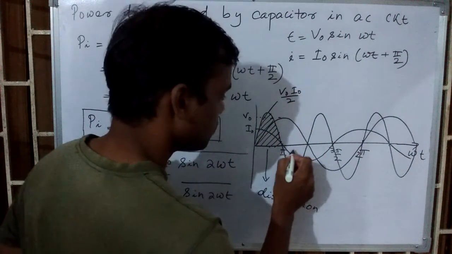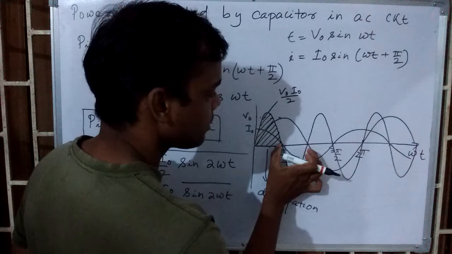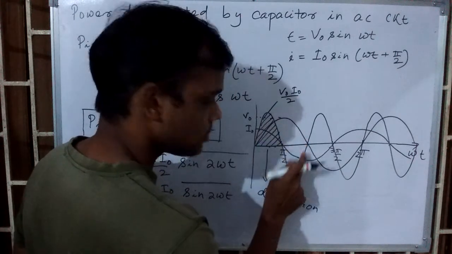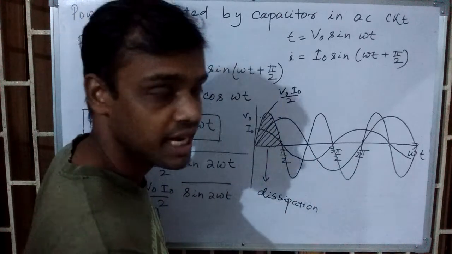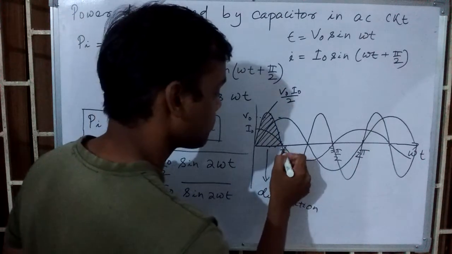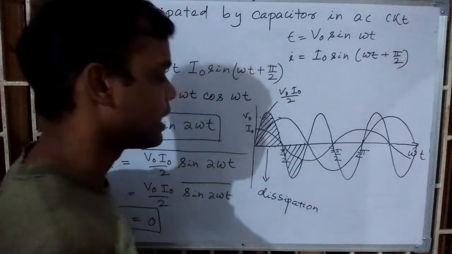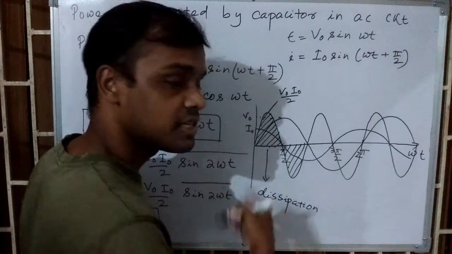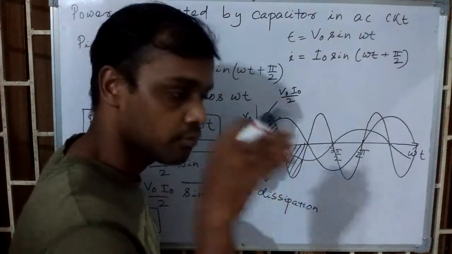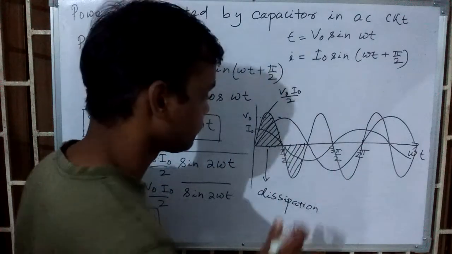Then look here, within this quarter cycle voltage is positive, current is negative, positive into negative, that's why power is negative. Negative power means supply, positive power means dissipation. That means the capacitor supplies power to the circuit.